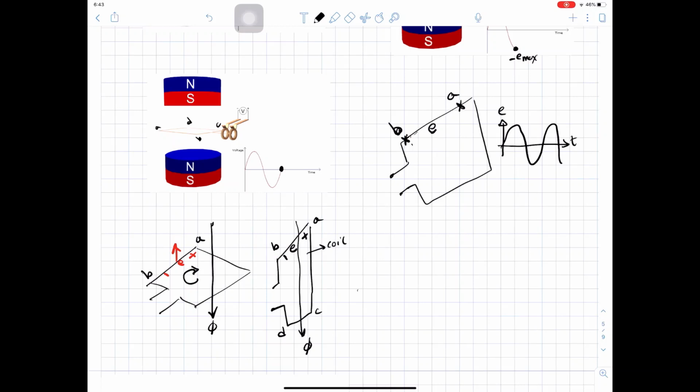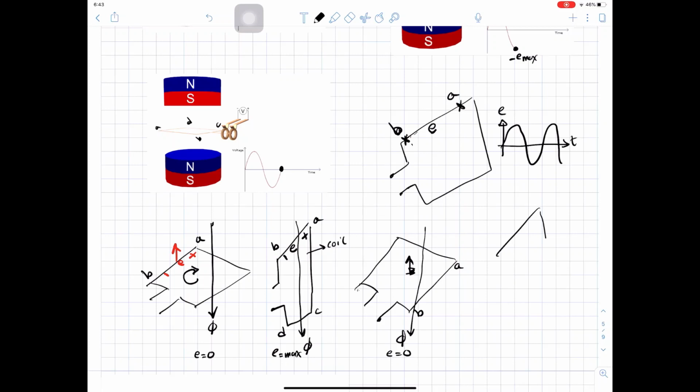Now if the coil goes back to the horizontal position again, the flux is still going down, and the direction of the flux will be making 90 degrees, and in this case E will be 0. So here E equals 0, here E equals max, here E equals 0.